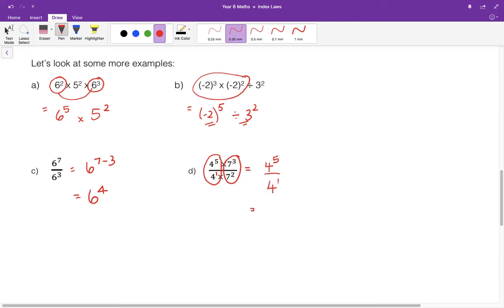I know that's just going to be 5 take 1, because when we divide we subtract the indices. So that's going to leave me with 4 to the power of 4, and that's times 7 to the power of 3 divided by 7 squared. So that means I can subtract the indices and I'm left with 7 to the power of 1. And I don't need to write that index of 1. I can just leave it as 4 to the power of 4 times 7.